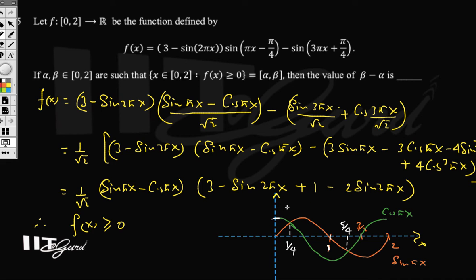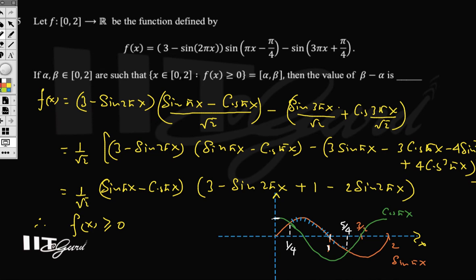So here we only have to consider this part of the bracket where sine pi x is greater than cos pi x. Let me draw over here with some blue shade the region where sine pi x is greater. So we have to take this portion. In all these portions, we find sine pi x is greater than cos pi x.